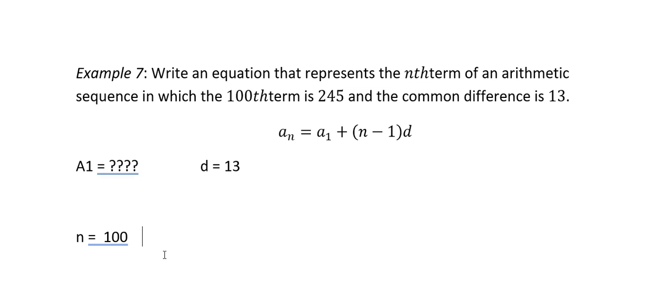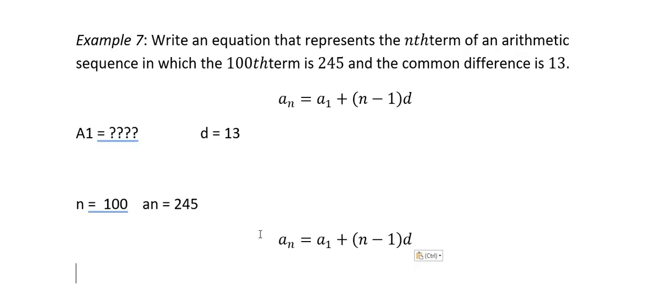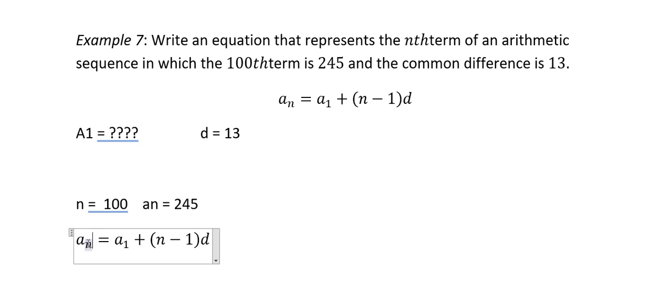We do know when n is 100, a sub n is 245. So we can use this equation to solve for a sub 1. Okay, so let's fill this in. We do know a sub n is 245 when a sub 1 is something, n is 100, and the common difference is 13.